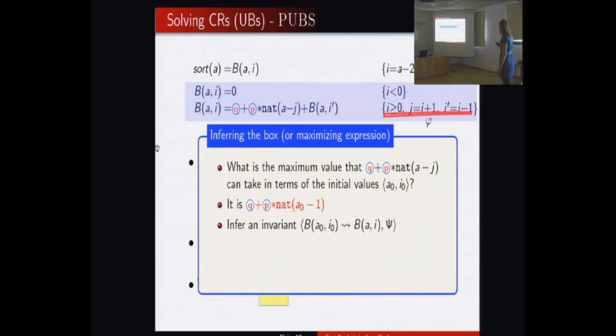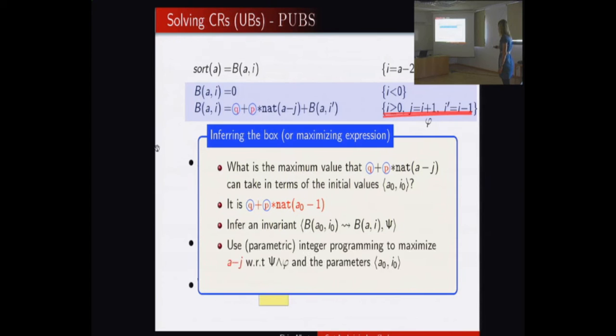And we have to infer invariants that tell us the relation between the initial values for the equations and the constraints that we have here. And then we use integer programming to maximize the components that we have in the expression that we accumulate. So there are techniques to do this, which are quite efficient.